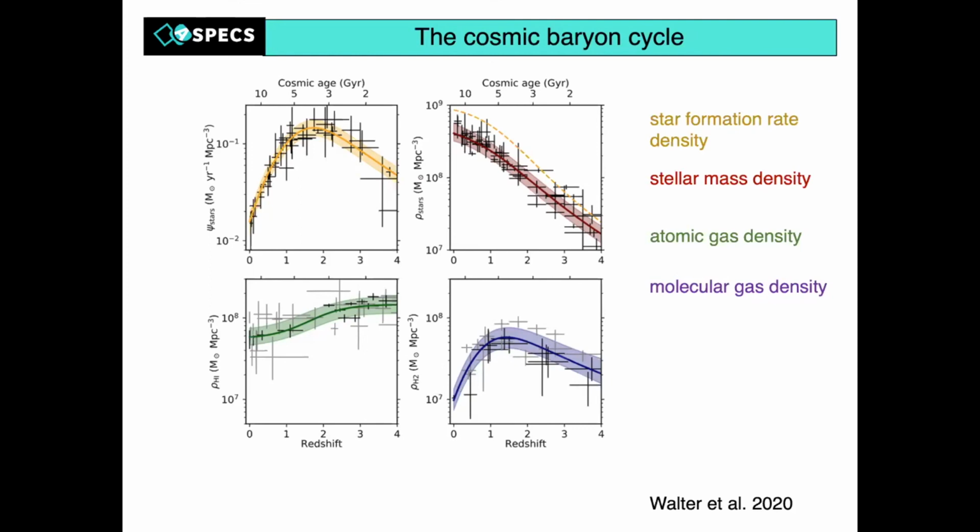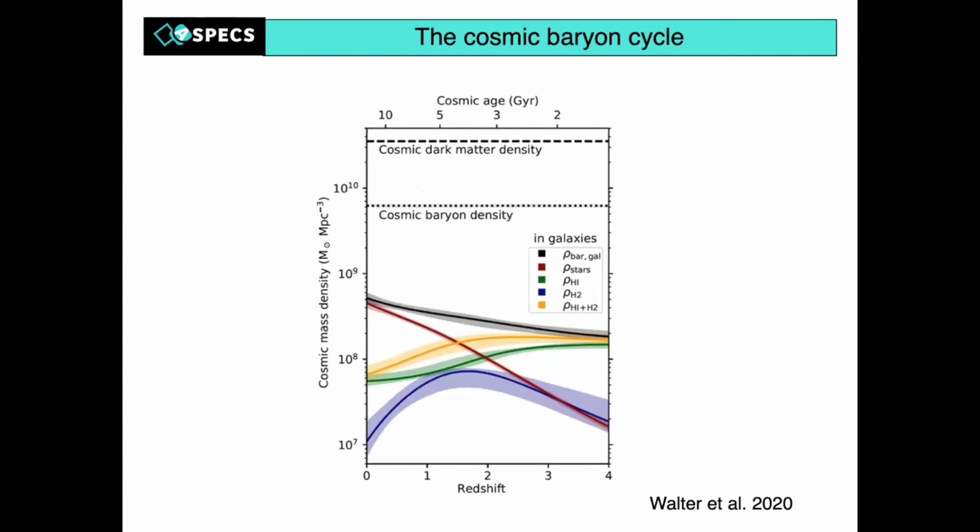So you have all the different components of the cosmic baryon cycle, but from an observational point of view, not a theoretical point of view as we had been looking at in the past. So these are probably the first tight constraints on this. So we can now plot all of these different cosmic mass densities in the same plot. And here we show this, and also we overplot the cosmic baryon density and the dark matter density for reference.